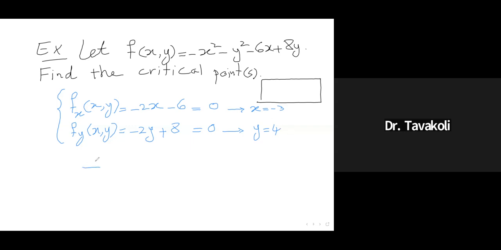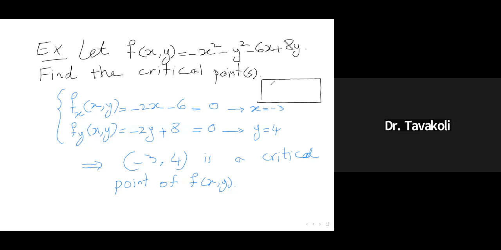So therefore, the point with the first coordinate minus 3 and the second coordinate 4 is a critical point of f of x and y. So the answer is only 1 point.